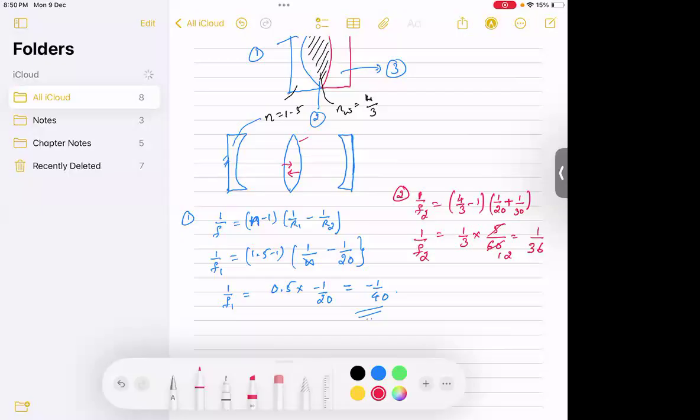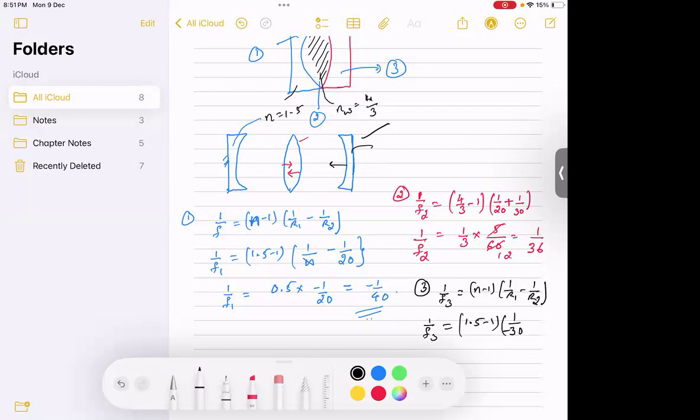Now similarly, you solve it for the third case. That is 1 by f3 is equal to n minus 1 into 1 by r1 minus 1 by r2. So 1 by f3, once again it becomes 1.5 because the third one is made up of glass, into 1 by r1 is 1 by minus 30 because the curvature is opposite to the incident ray.